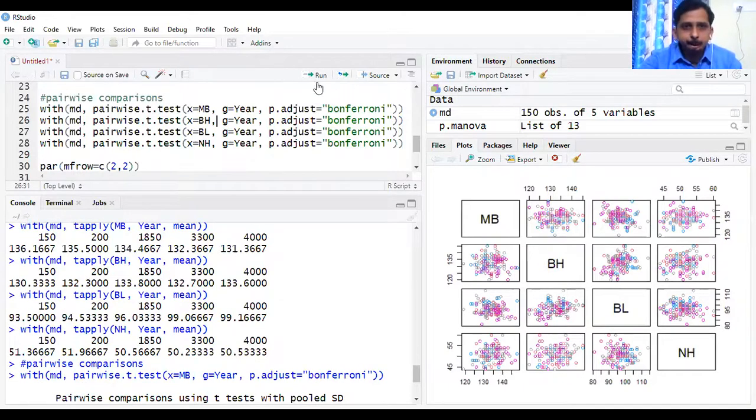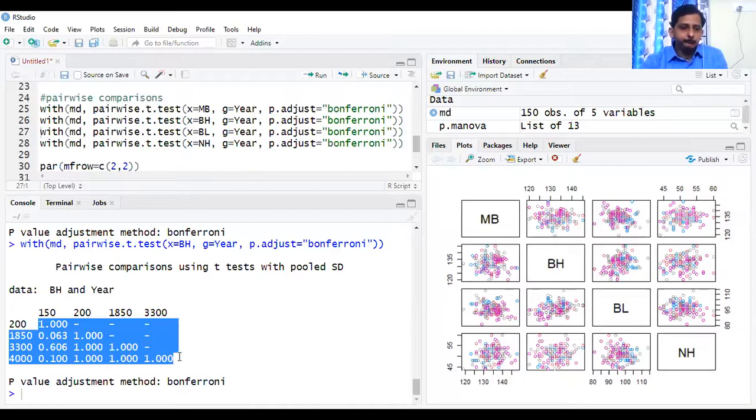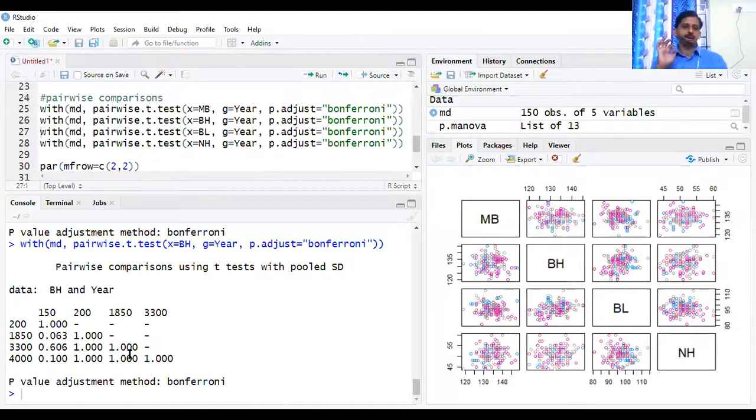Coming to height, now you can link that p-value to this outcome. What was the p-value? 0.0487. There we rejected, but the family-wise 0.01 gives a proper, clear understanding that there is no difference in the average height across the years.